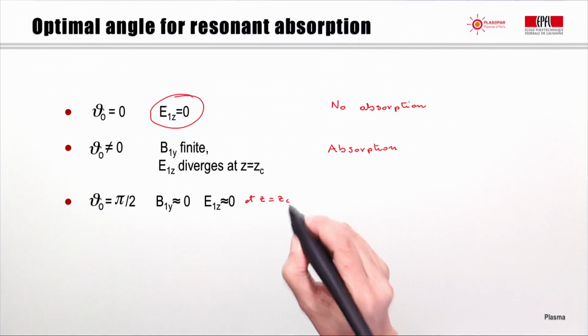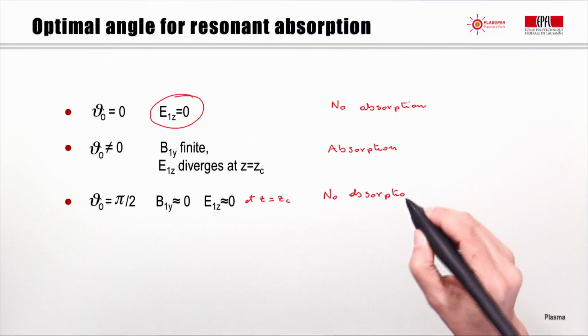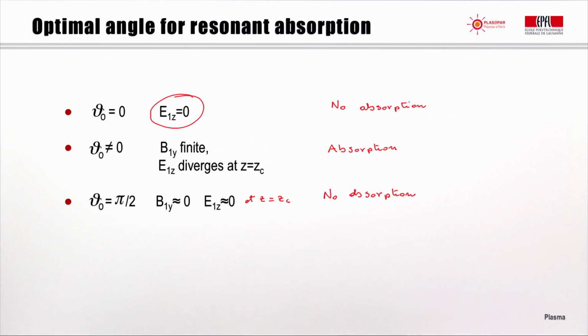And again, we have no absorption. As we can expect from these results, there is an optimal angle for resonant absorption that will be between 0 and π/2 and depends on the density gradient and on the wavelength of the light that we are considering. At this optimal angle, resonant absorption can be very large, up to 50%.